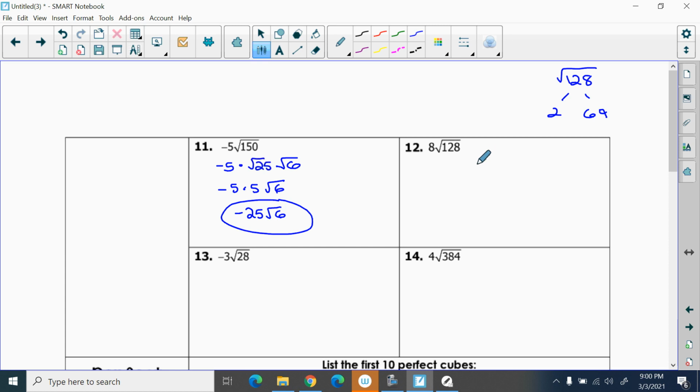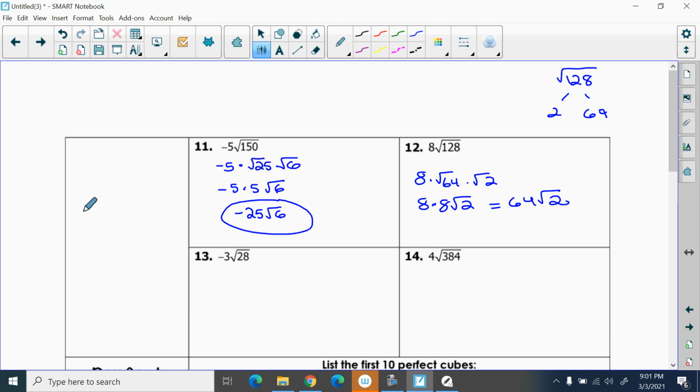Now 64 is a perfect square. So I'm gonna say, okay, 8 times the square root of 64 times the square root of 2, so that's 8 times 8 times the square root of 2. So that's 64 times the square root of 2.